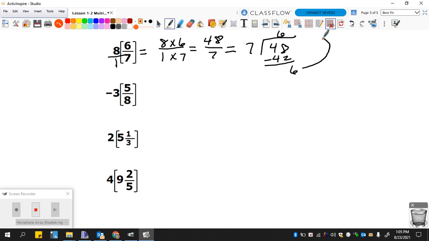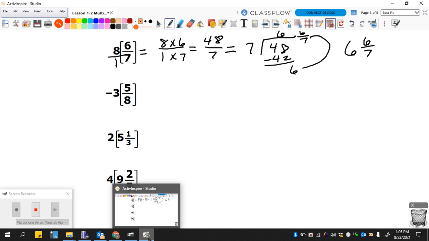Bring that up, and we have 6 over 7. So the answer is 6 and 6/7. I'm not sure why that did not come up on the calculator, but either way, this is how we did it.